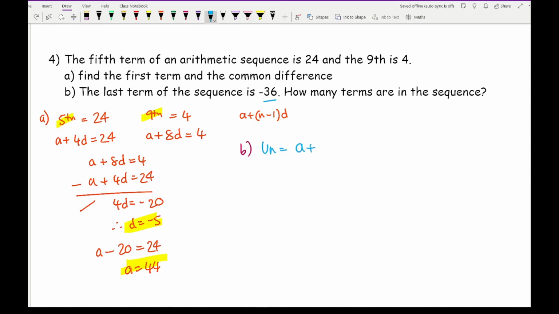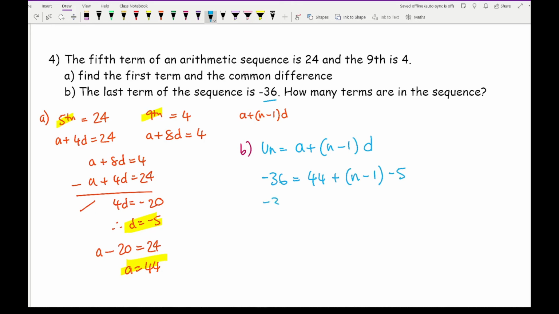We know what un equals: minus 36. So minus 36 equals a, which is 44, plus (n minus 1) times d, which I do know, it's minus 5.